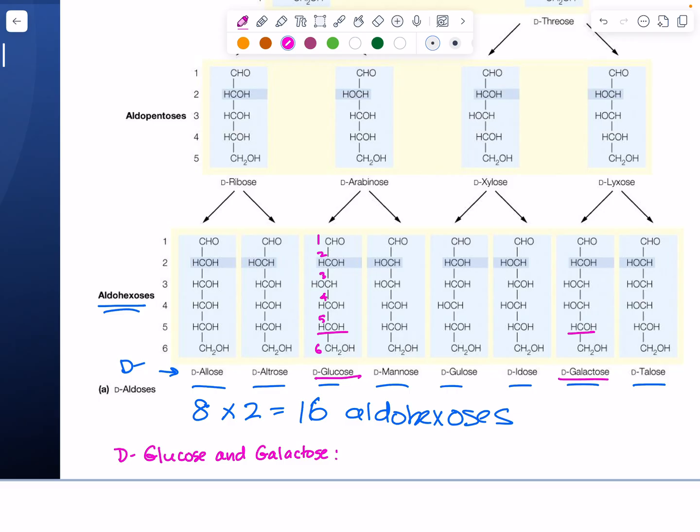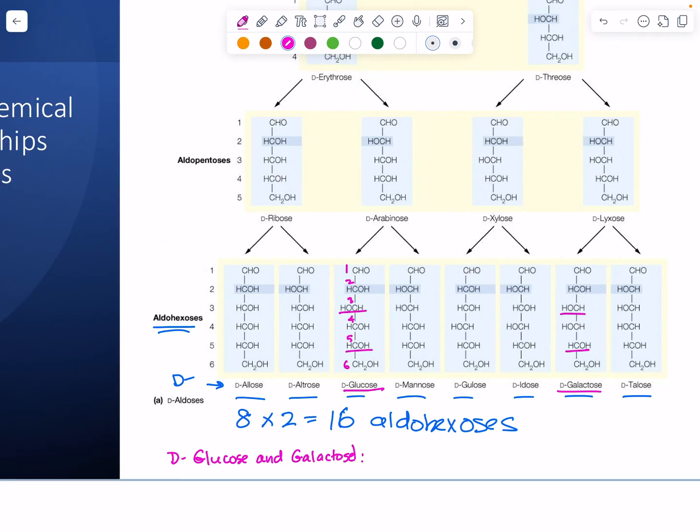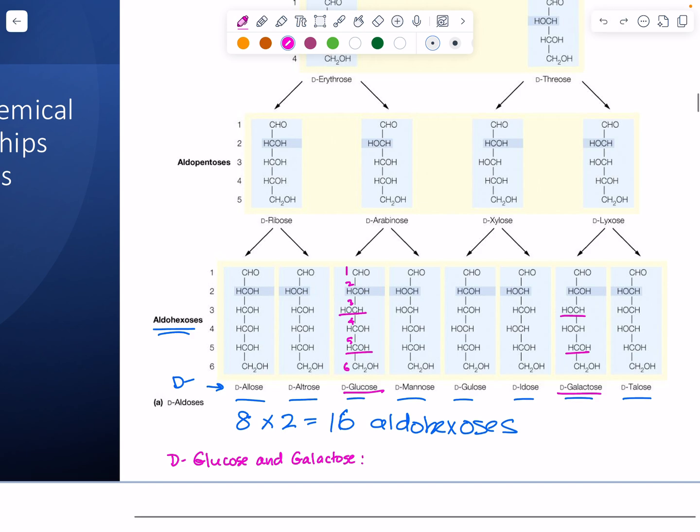So we've got the same at carbon 2. We have the same at carbon 3, right here, both on the left on 3. At carbon 4, it's on the right in glucose and on the left in galactose. And then carbon 5 is the same. So these differ only at carbon 4, okay?